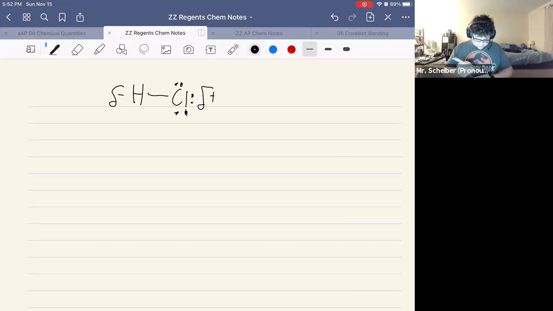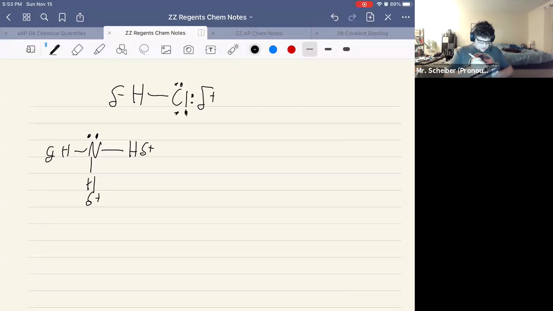Let's look at some other examples here. Let us do NH3. H, H, H, 2 dots. We can look up the electronegativity values. H will have a lower electronegativity value, so positive, positive, positive, sorry, and negative, right?